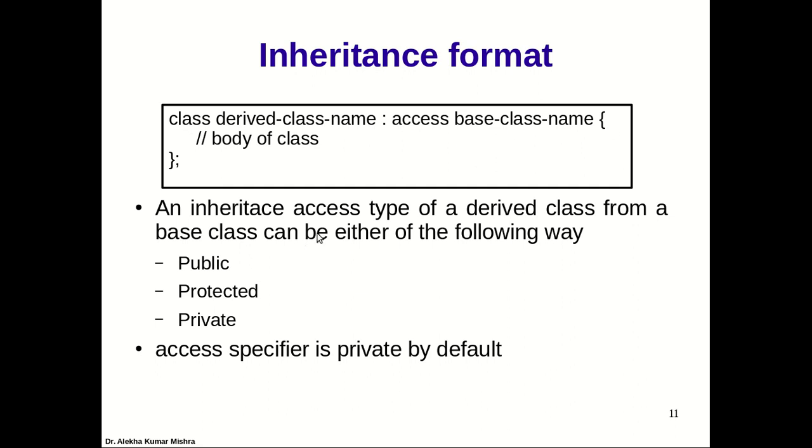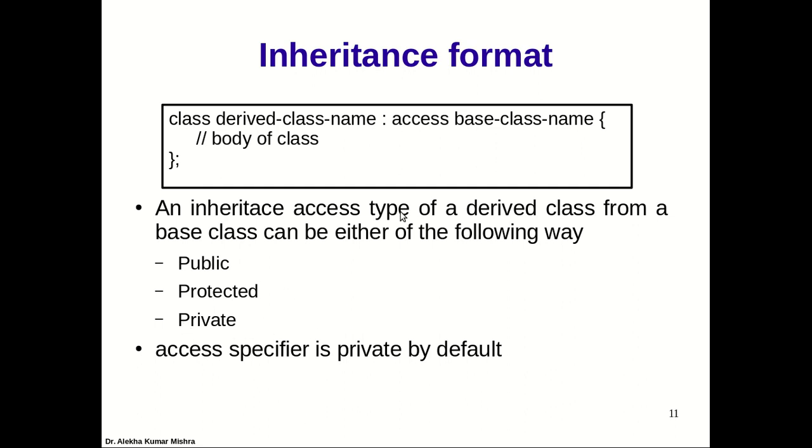So, the inheritance access type, or access specifier. Inheritance has some types in C++. We can derive a class from a base class, and as the access specifier says, we can inherit publicly, we can use protected inheritance, or we can use private inheritance.